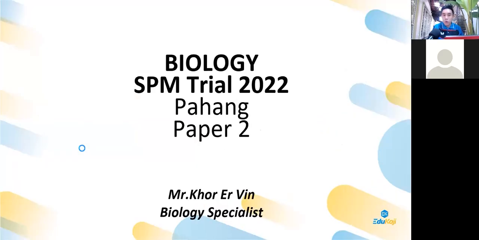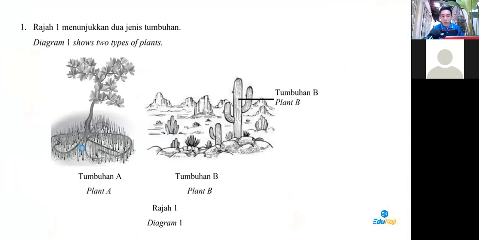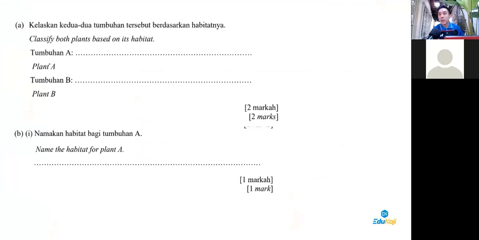Okay, so for question 1, one look, you know this would be something from Form 5, Chapter 7, guys. And here, they are asking you to classify both the plants.